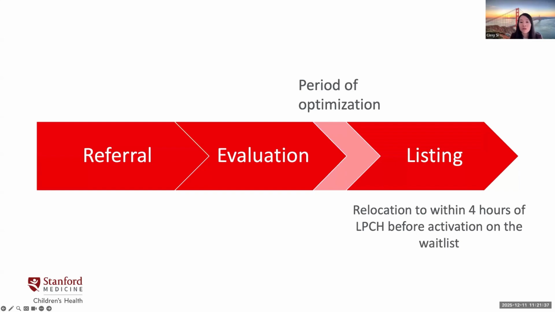And before we pursue listing, our families do have to relocate to within a 4-hour distance of our hospital before activation. Generally that means driving, although we are entertaining more and more the idea of a door-to-door flight time, given some of our patients with complex needs prior to transplant.